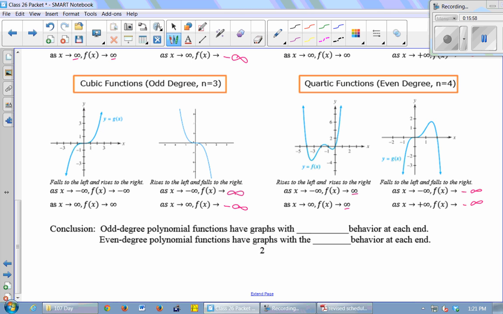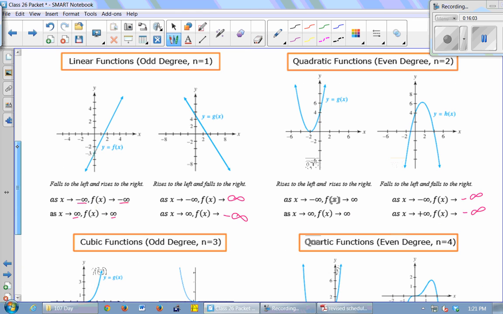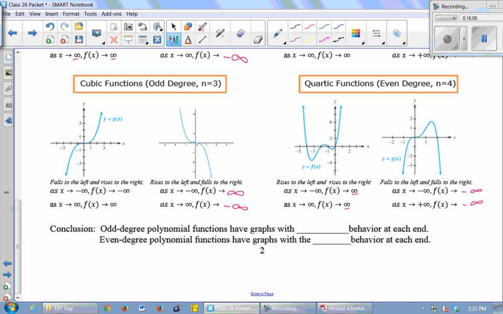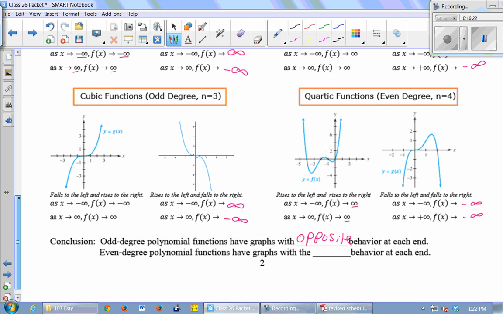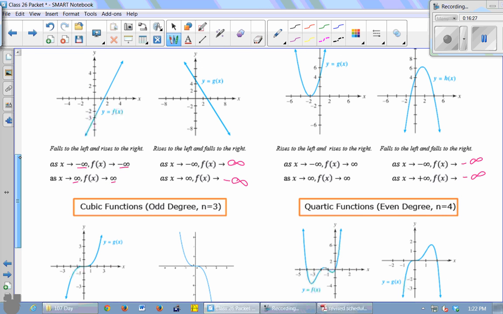All right, so what do you notice about the end behavior at the far right and the far left for odd degree polynomials? Yeah, one goes up and one goes down. So they have opposite end behavior. One will head up and the other will head down. Which is which, we don't know yet, but one goes up, one goes down. And even degree polynomial functions, what do you notice about their end behavior at the far right and the far left?